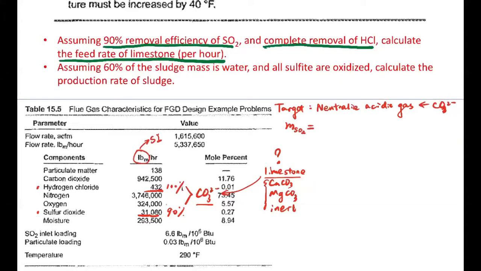That's 31,080. And then our goal is to neutralize 90% of it, right? We'll convert this into kilograms, which is 0.45 kilogram per pound, and here the unit is pound per hour.